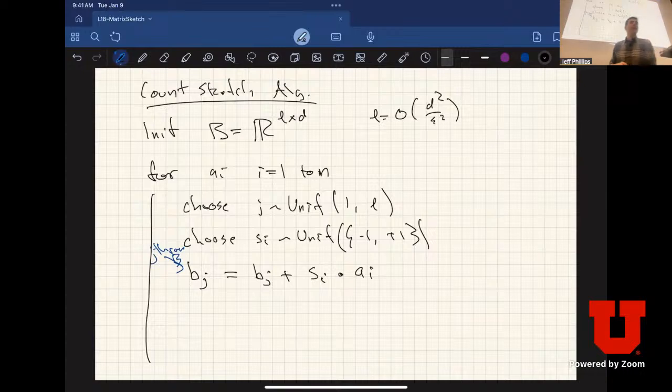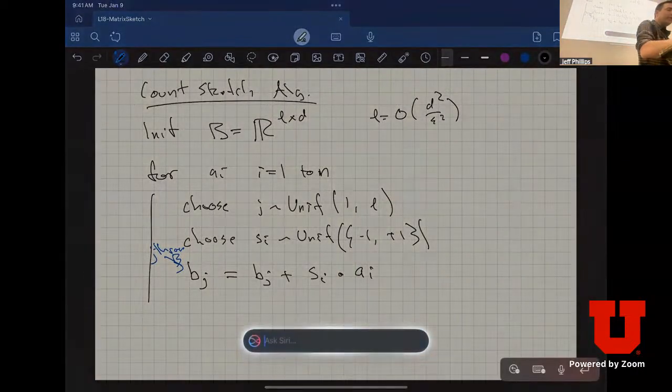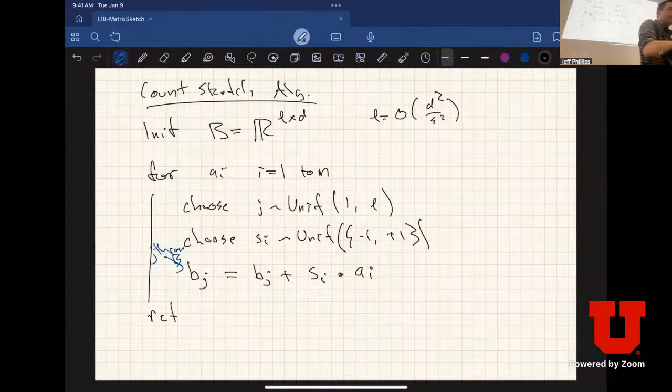All right, so this is the algorithm, right? So very, very simple here. At the end, I'm going to return B.